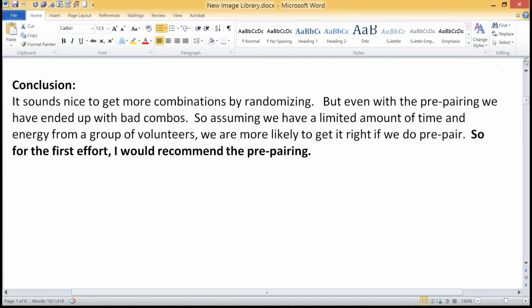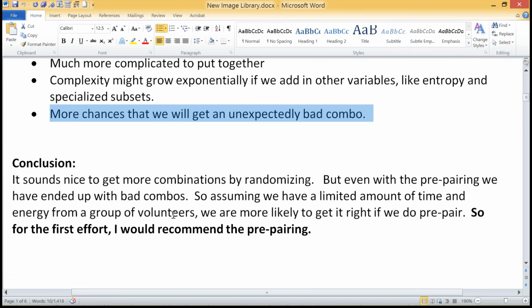So my recommendation at the time to Marty was that it may sound nice to get more combinations by randomizing the pairs, but that's really hard. Even with pre-pairing, we get bad combos, so adding the complexity of combining things by randomizing increases the chances we're going to get bad combos.